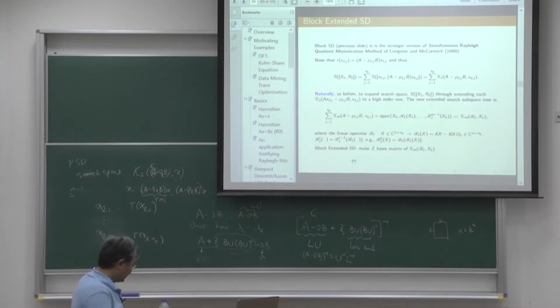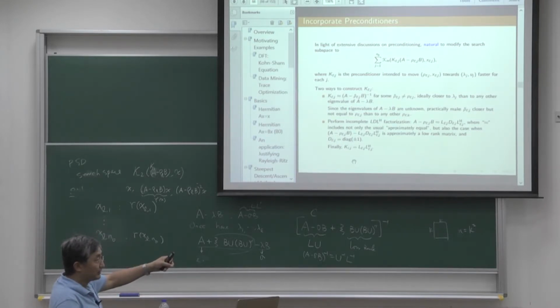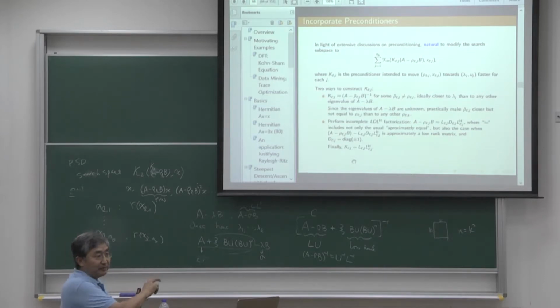Now, that's one idea for making it go fast. From SD, there are two different ways to make the code go fast: extended space, which you're going to implement, and preconditioner, which I showed you.